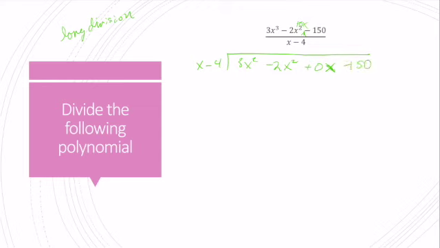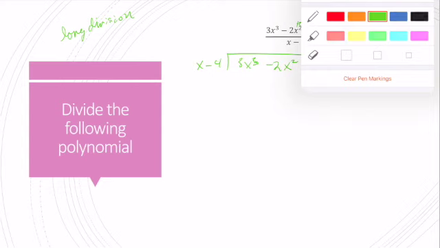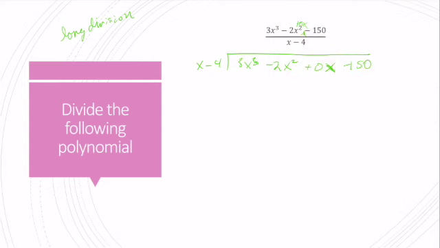So I'm going to go ahead and take, this is an x cubed. I want to know, what do I multiply x by to get 3x cubed? That's going to be 3x squared. So that gives me 3x cubed minus 12x squared, and I subtract this. My first two terms cancel.